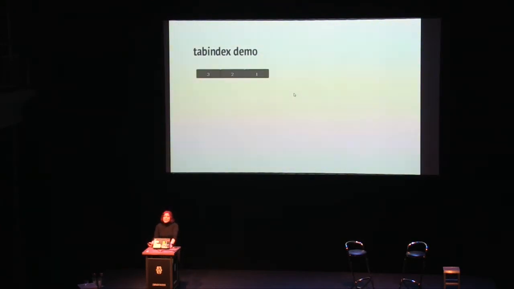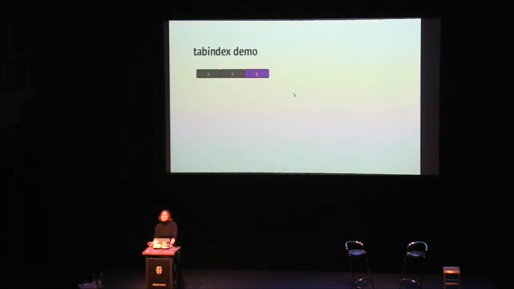So if we look at a quick demo where we've got the tab index used to try and mirror the FlexBox interface order. No, it's not so bad. It appears to work. But the problem is that that's all right for one example where you've just got 3 buttons in the middle of the page. But I don't recall the last time anybody just stuck 3 buttons in the middle of the page and hoped for the best.